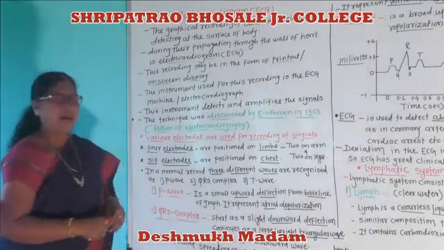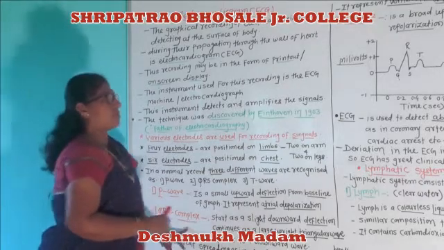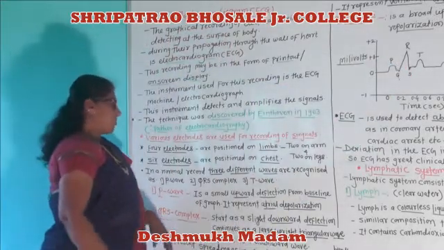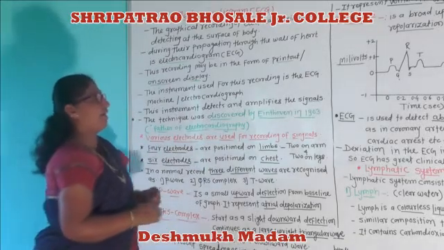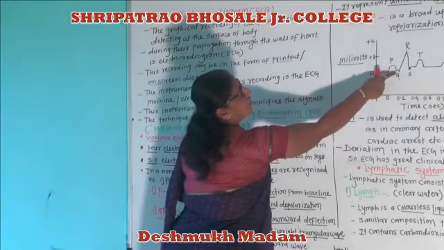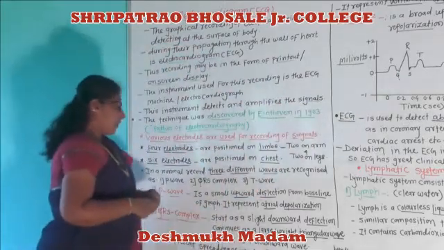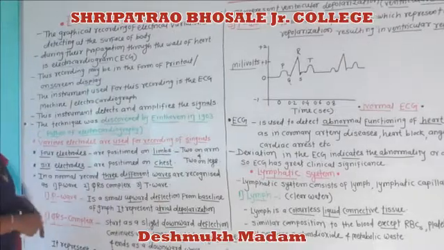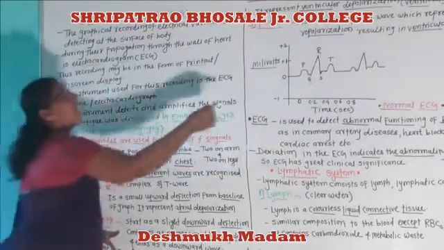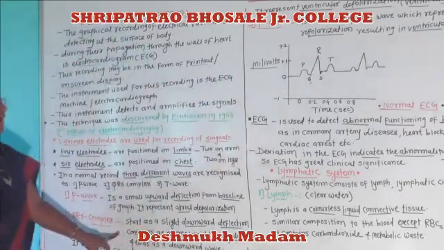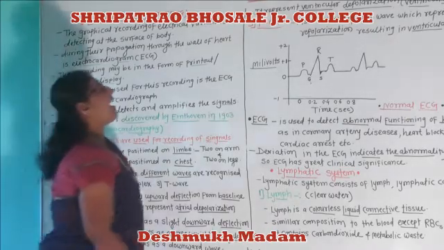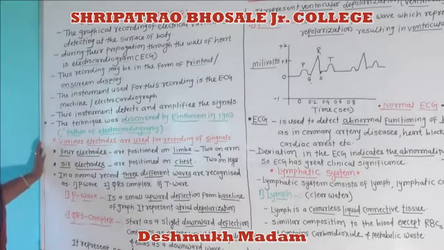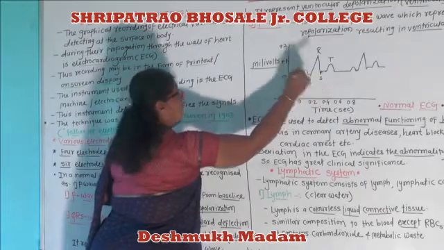The QRS complex starts as a slight downward deflection, continues as a large upright triangular wave, and ends as a downward wave.